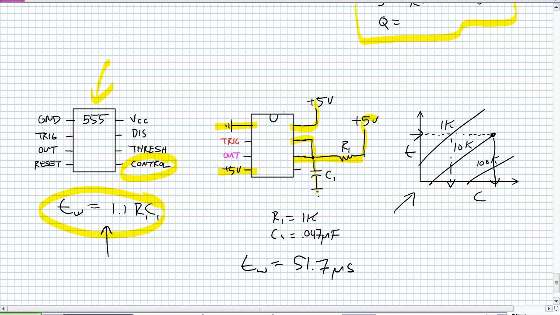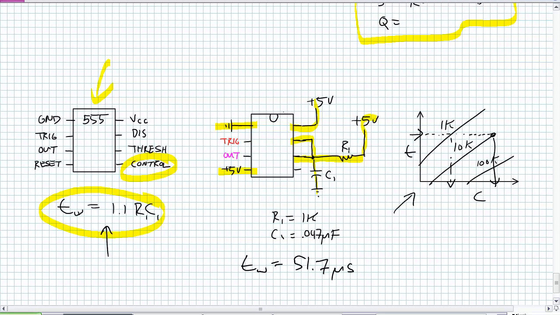These are very general graphs, and if you want something very specific, you're going to have to zoom in, zoom in, zoom in. And again, are you going to have a 0.0413 capacitor? No, you're not. You're going to have standard capacitor values, so you've got to get as close as you possibly can using those components. The other thing about these resistors: if you need a custom resistance, just use a potentiometer to perfectly dial in the exact pulse width.